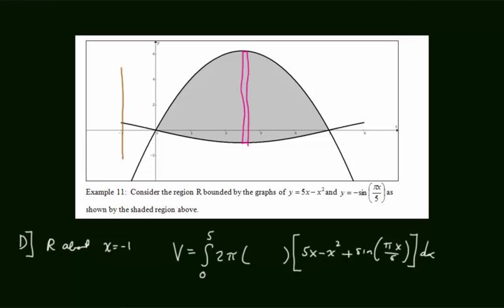And for the good old-fashioned radius, this is the radius here. The rectangle will rotate over the axis of revolution. This distance from here to here is x, but then we have an additional distance here. So we will say x minus a -1, which becomes +1 for the radius of each shell.